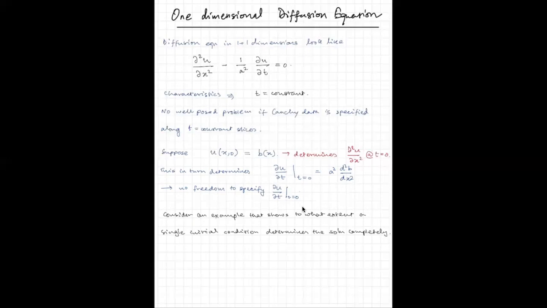Okay, suppose u at t equal to 0 is equal to 1 for x greater than 0 and is equal to 0 for x less than 0.